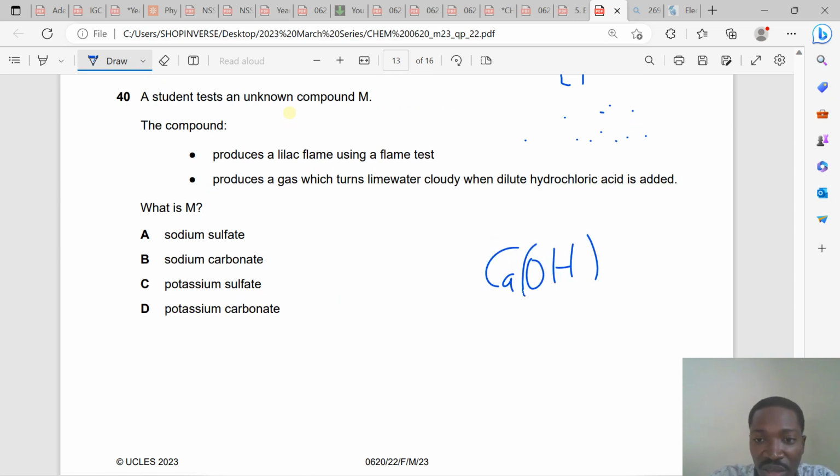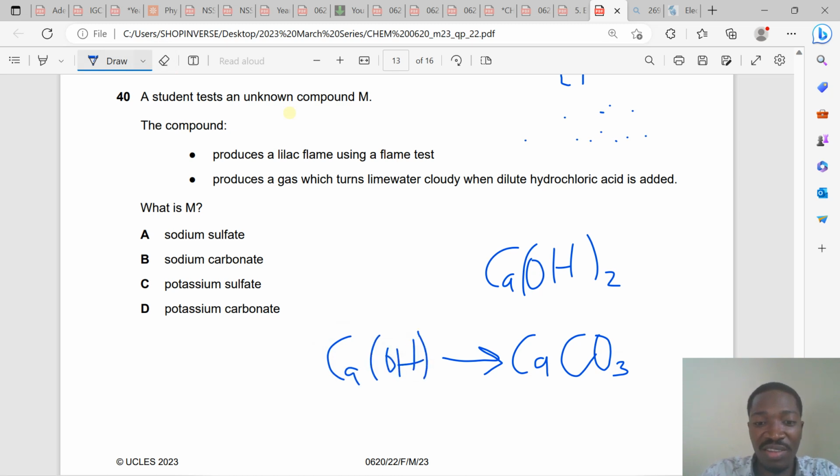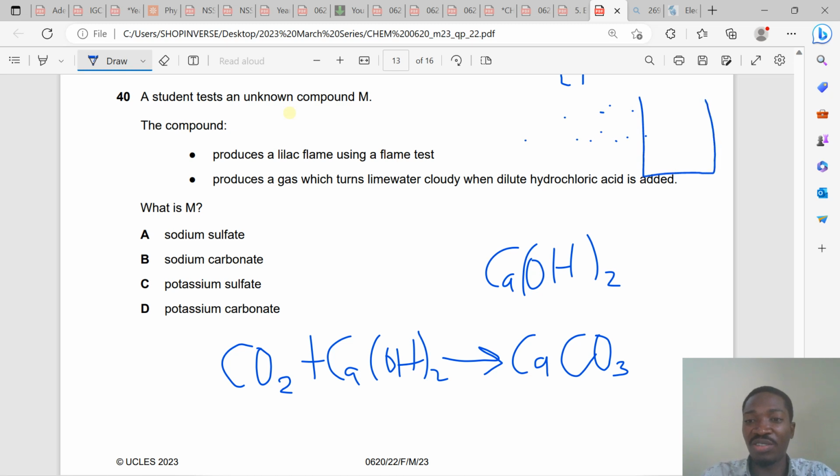Ca(OH)2. So now, something that turns lime water cloudy, what does that mean? That means it is leading to the formation of CaCO3, limestone. And that is only possible when your lime water, calcium hydroxide, reacts with carbon dioxide. For instance, you have a container that contains lime water.